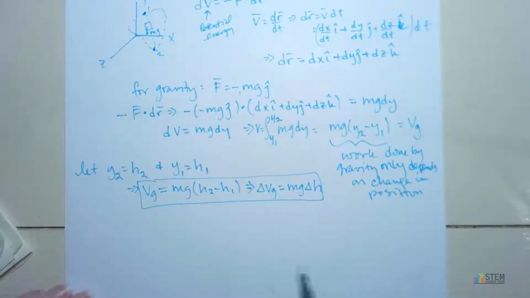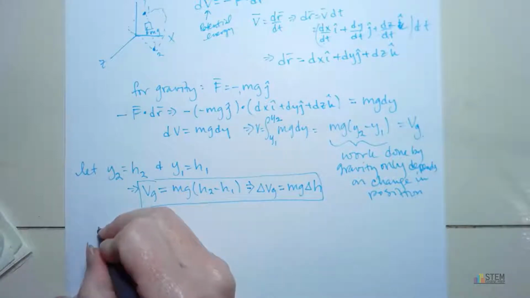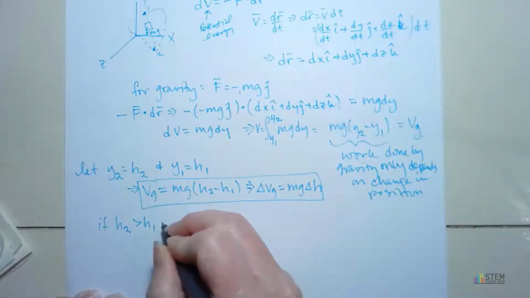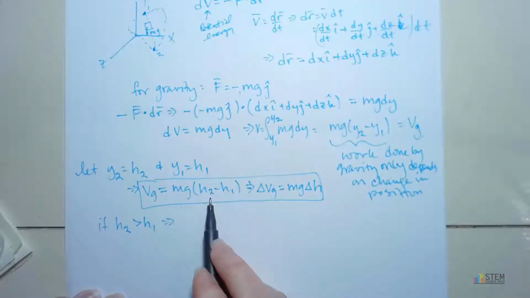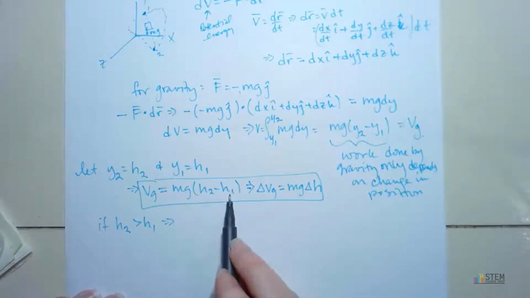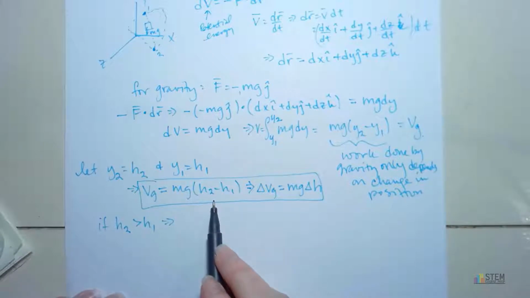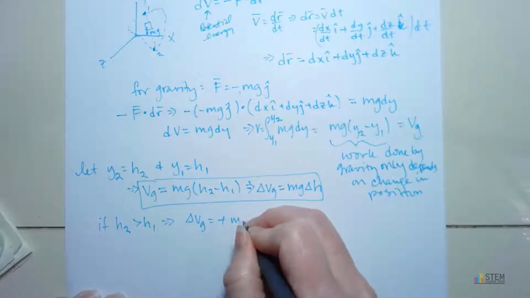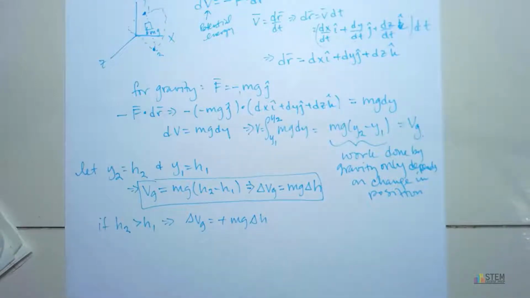And now let's go ahead and look at the sign notation. So if h2 is greater than h1, let's look at what we'll get for our sign. If this one's bigger than this, we're going to get a positive number. All right, so our delta Vg will be some positive mg delta h.